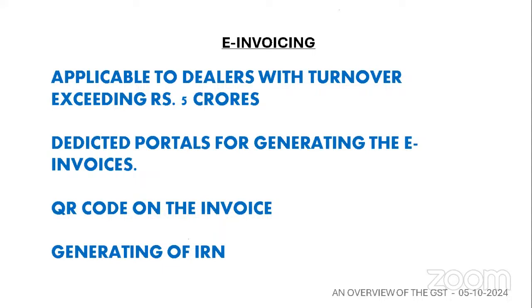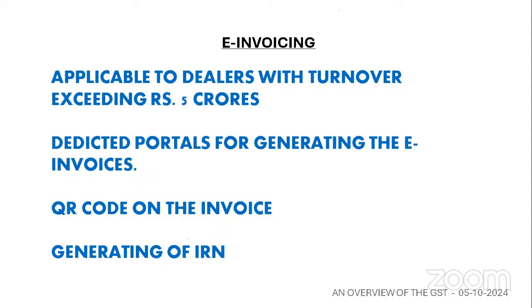If a trader or a B2B person purchases from a dealer who is required to generate an e-invoice, but he does not generate one, then there is a problem for the buyer. The problem is he will not get the credit for the goods purchased. Therefore, every buyer should verify the invoice received with the goods.